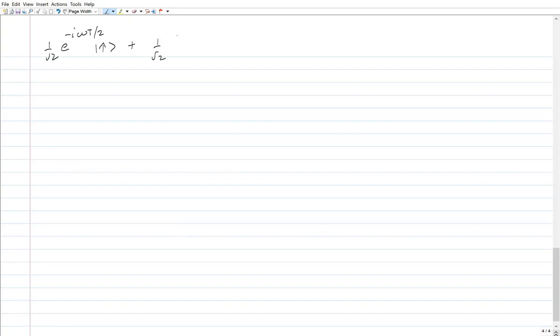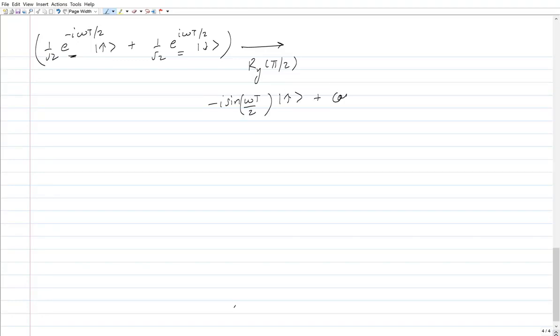Here I had the information about the parameter I'm supposed to measure as phases, and I again give it a pi pulse rotation, and I get this guy.